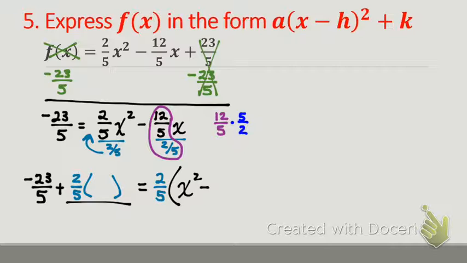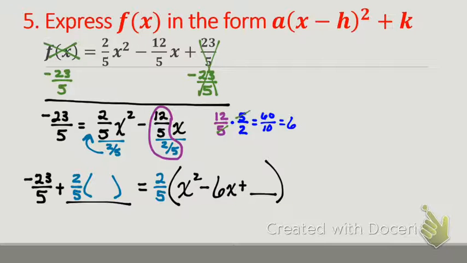So what do I get when I multiply by the reciprocal? 6, because I get 60 over 10, right? Which gives me 6. Or some people cross cancel and just do 12 divided by 2. So I have x squared minus 6x plus something. That doesn't look quite as scary anymore.